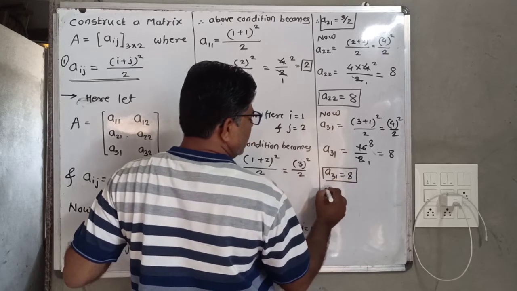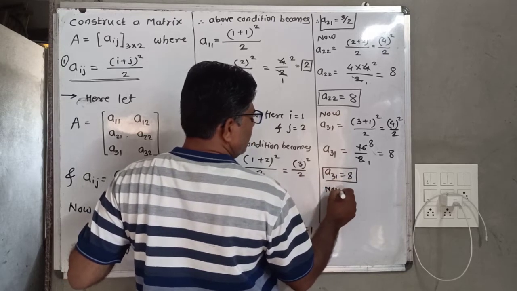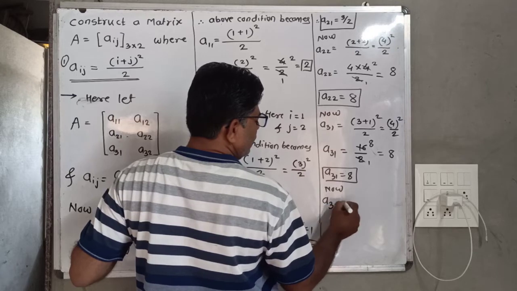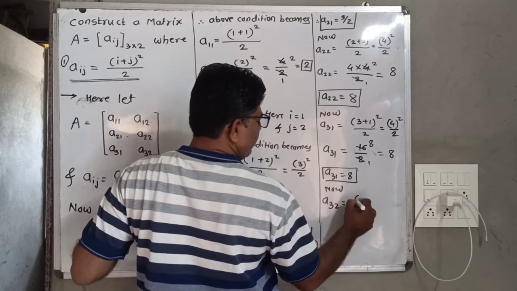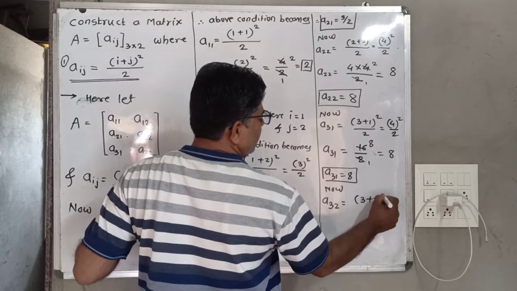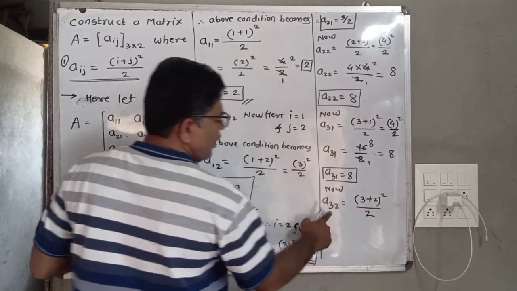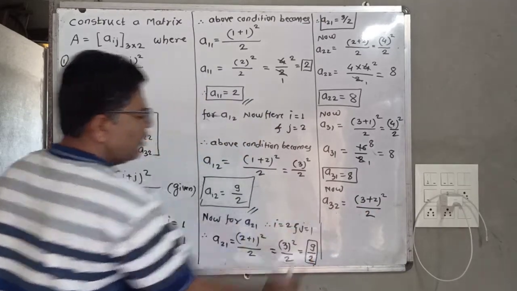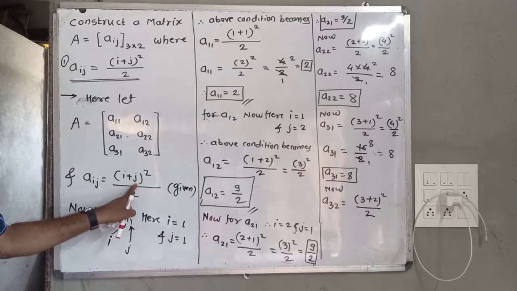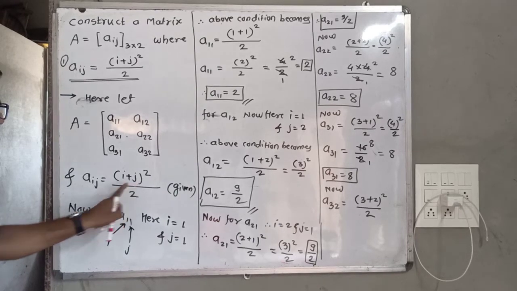And the last element now, A32 equal to what? 3 plus 2 bracket square divided by 2. The value of i is 3 and the value of j is 2.